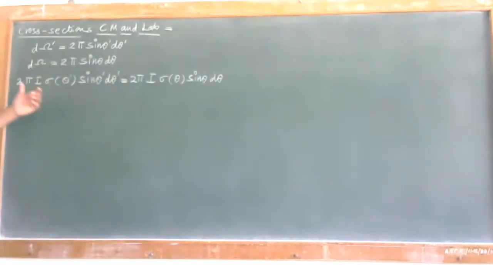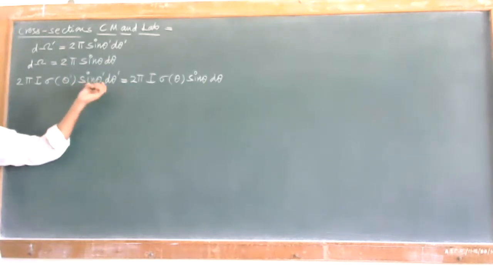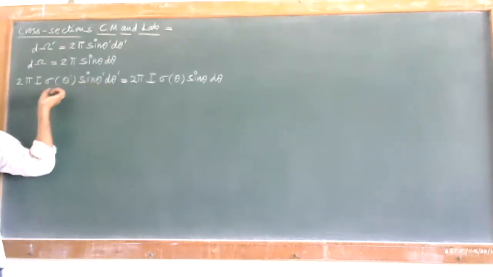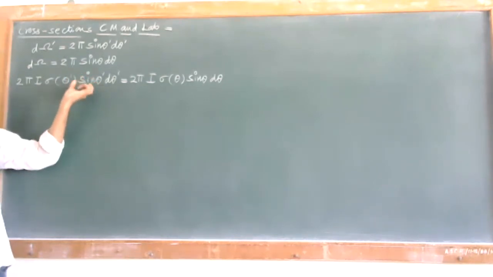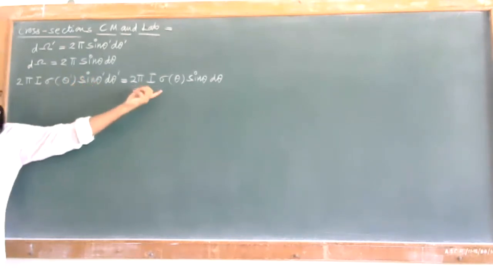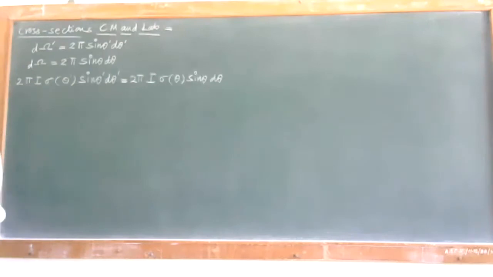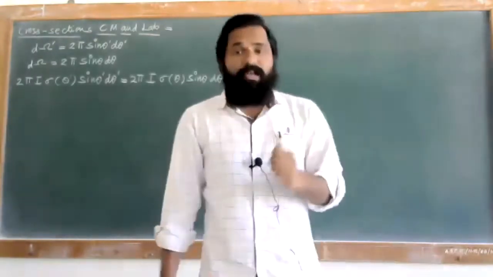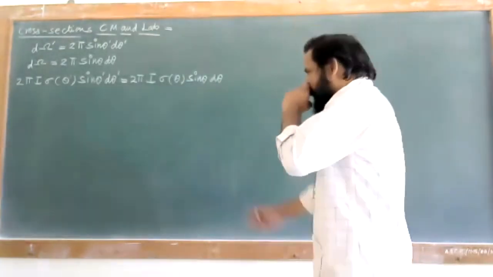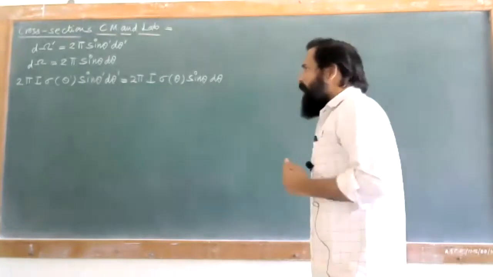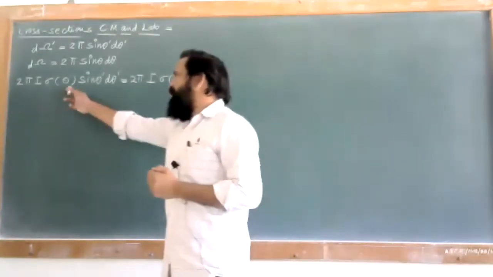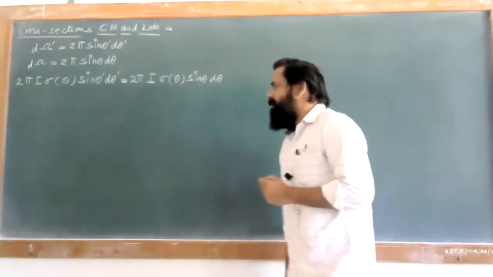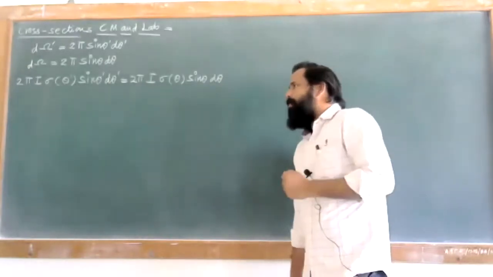So yesterday we have seen this part, 2 pi r sigma theta dash sine theta dash d theta dash. That is nothing but the number of particles which are scattered in the center of mass and in the laboratory frame. What is sigma theta? Sigma theta is nothing but d sigma by d omega, that is the differential cross section in the laboratory frame, and this sigma theta dash is nothing but d sigma by d omega dash in the center of mass frame.